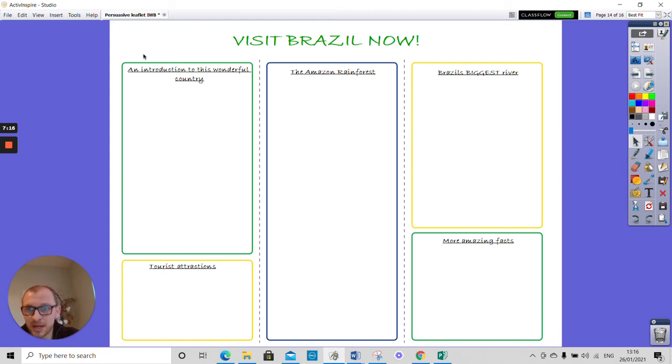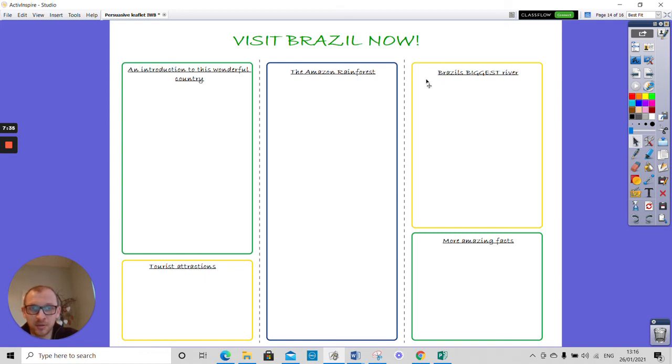Okay? Then in your first section, you're going to have 2 rectangular boxes, one that covers about 2/3 of the page and one that covers about 1/3. In the middle section, you're going to have 1 big section. And again, you can use these colours for the borders of your boxes if you want to.